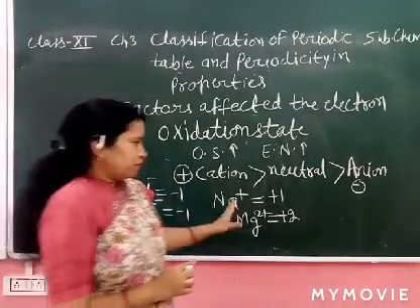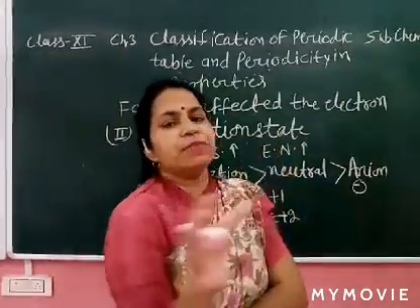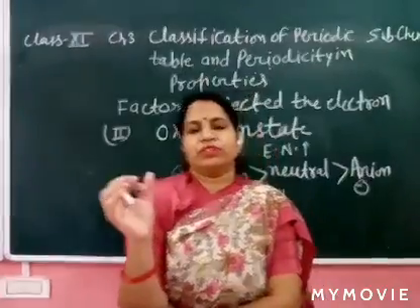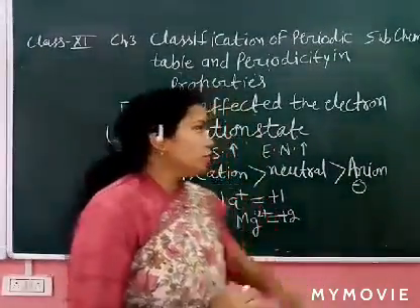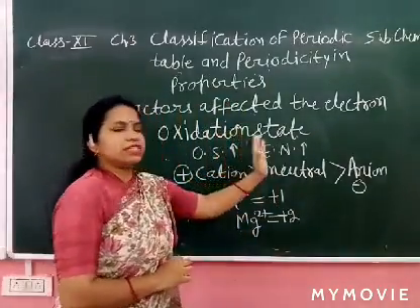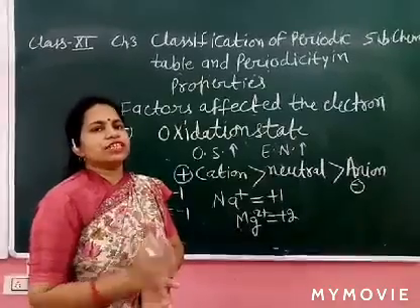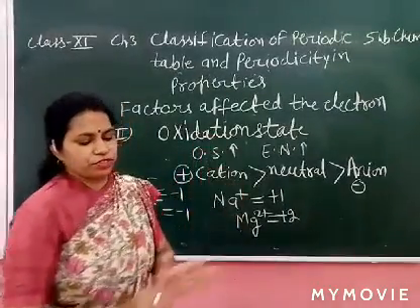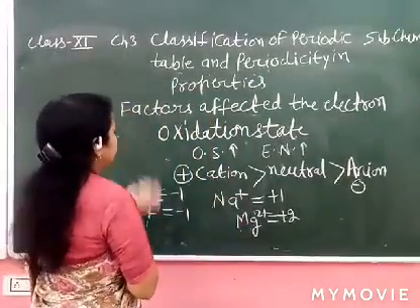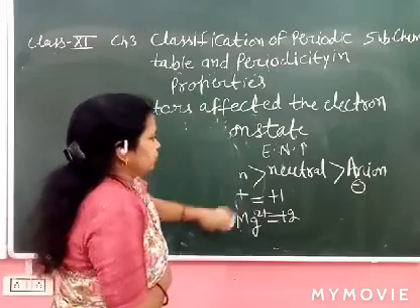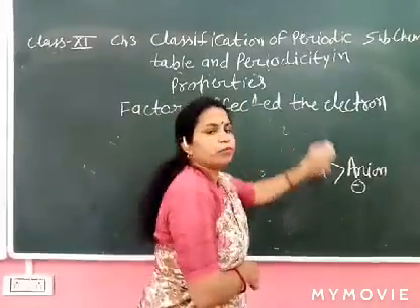So the charge of the element is equal to the oxidation state. This topic we will discuss in oxidation and reduction and redox reactions. Clear? Now it's clear to all of you, both points.